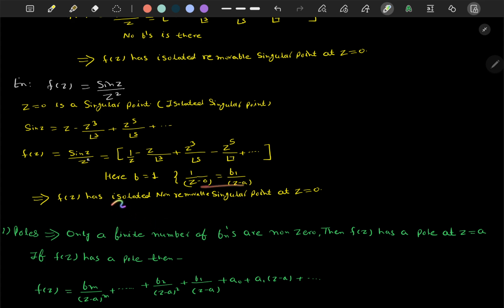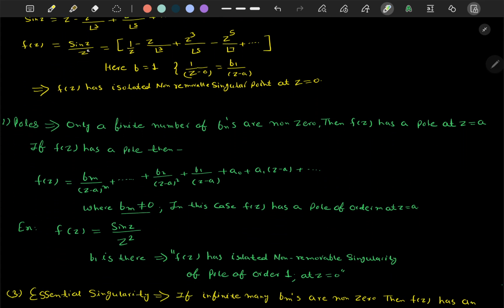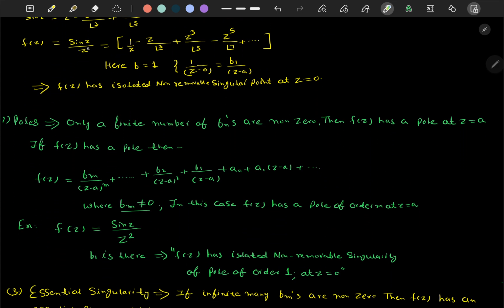So f of z has an isolated and non-removable singular point at z equal to 0. In multiple choice questions, they will give a statement, and you have to choose one: isolated removable, isolated non-removable, pole of order 1, and like this. So you should have clear-cut knowledge about these things.